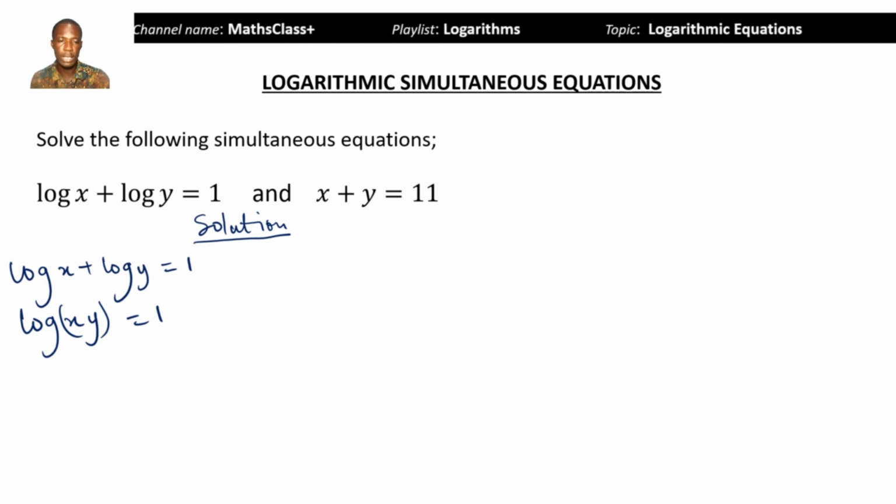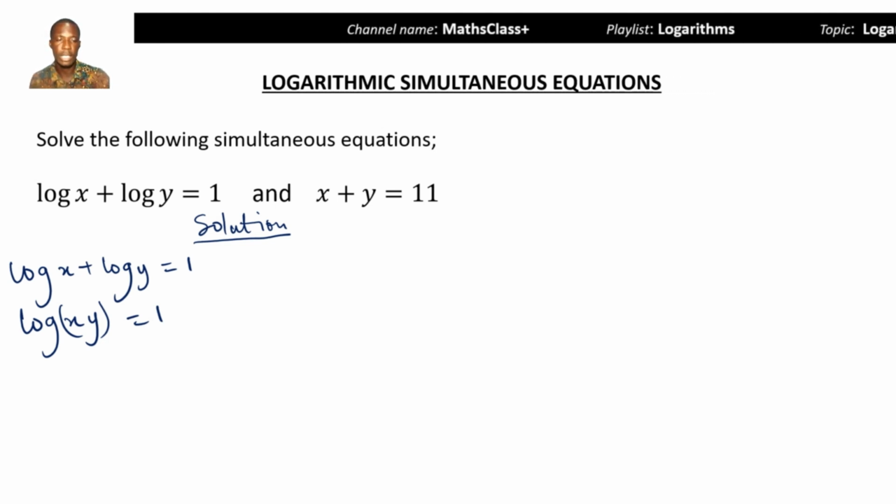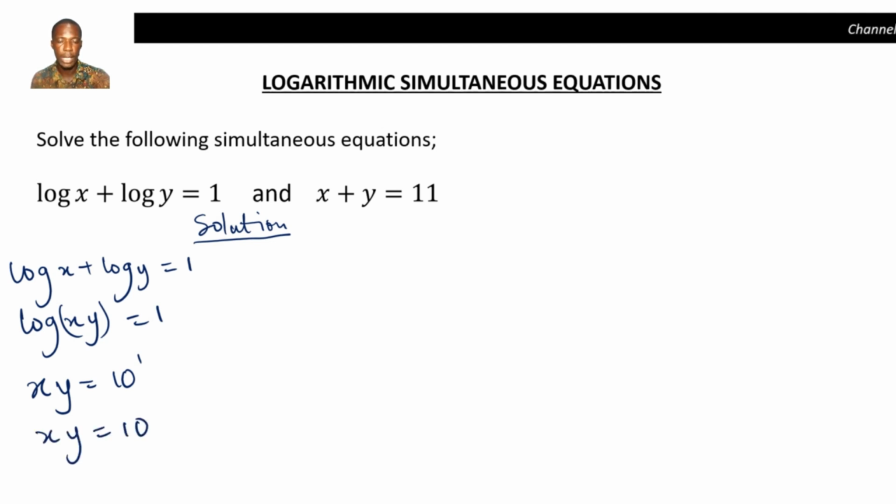So as you can see, the base of the log has not been written, which implies that it is log 10, or it is in base 10. So that will be xy is equal to 10 to the power 1, which is the same as xy is equal to 10. And that will be taken as our equation 1.